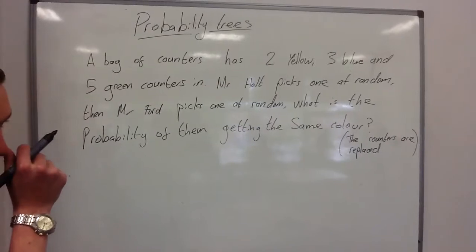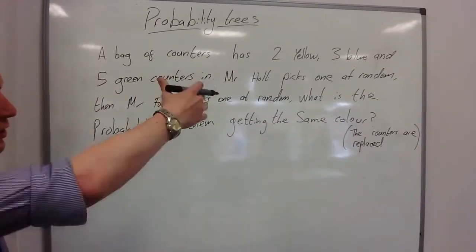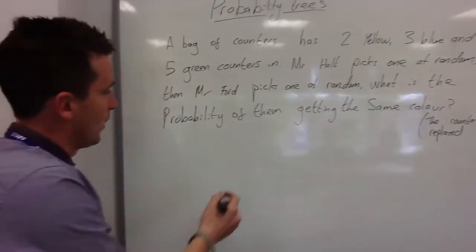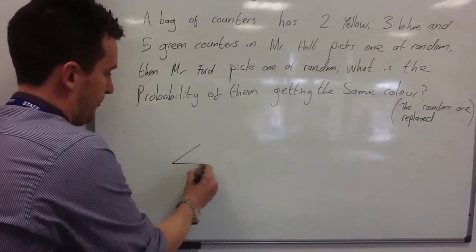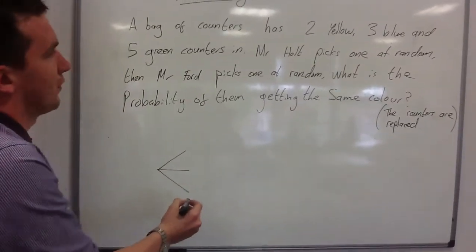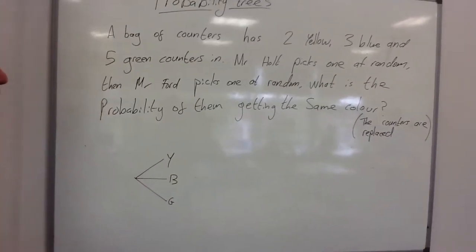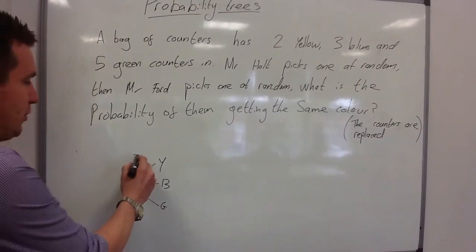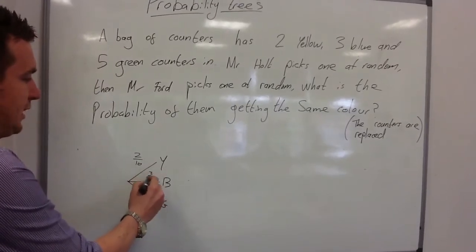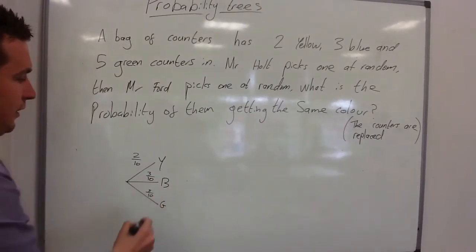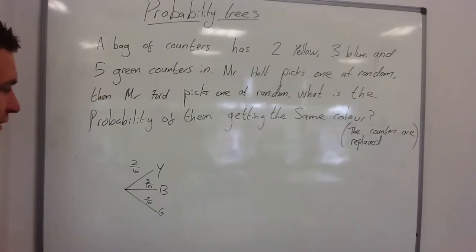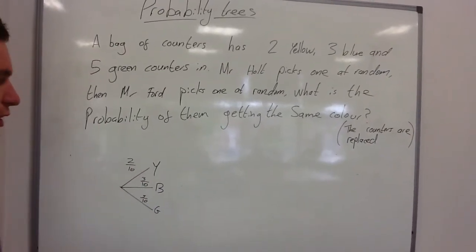So we need to think about the first event happening. That's Mr. Holt, that's me, picking out a counter. We've got 3 possible outcomes: yellow, blue and green, and then we need the probabilities for each of them. So we've got 2 out of 10, 3 out of 10, 5 out of 10, because there's 10 in the bag altogether, and the probability is given in the question.